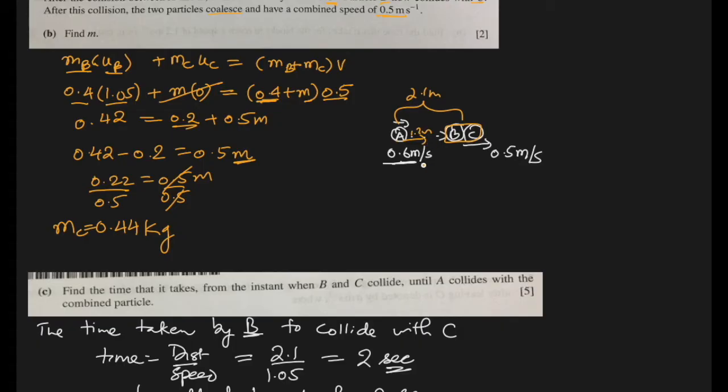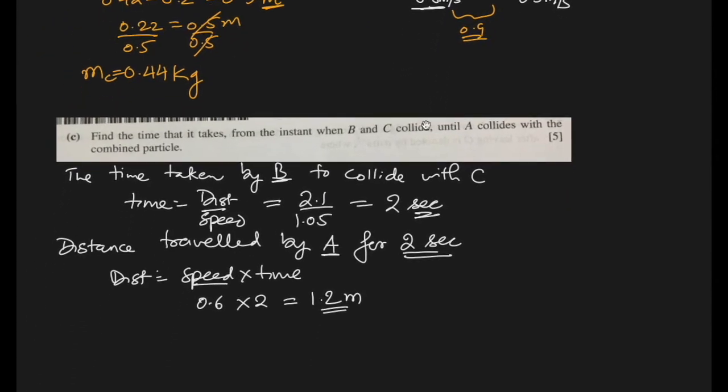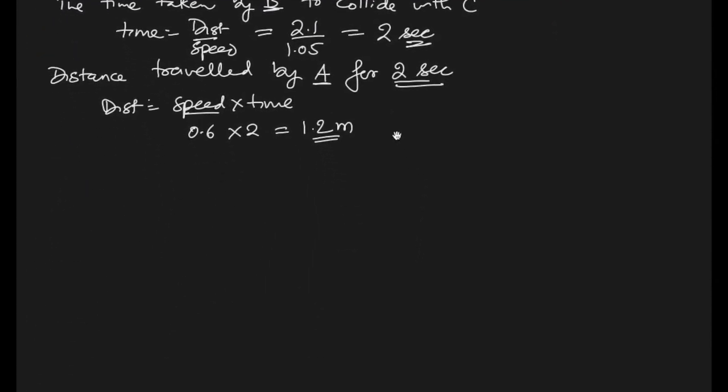That means it was 0.9 meters away from the point of collision of B and C when they collided. 0.9. How did I get 0.9? 2.1 minus 1.2 is 0.9. This is 0.9 A needs to cover, because the distance between them is 0.9. Now this 0.9 A has to cover.